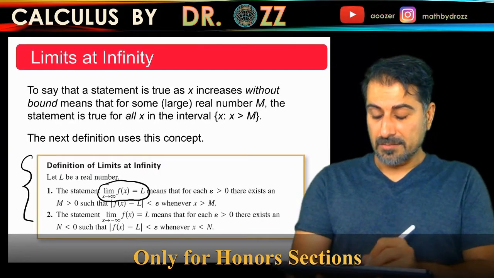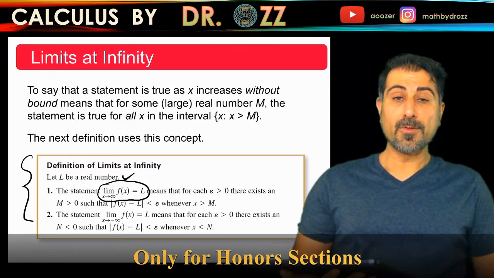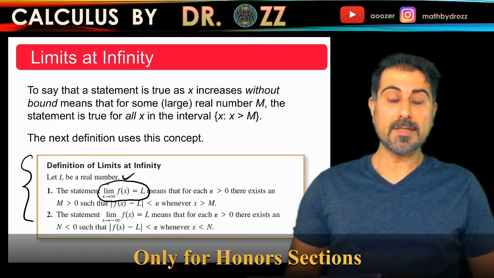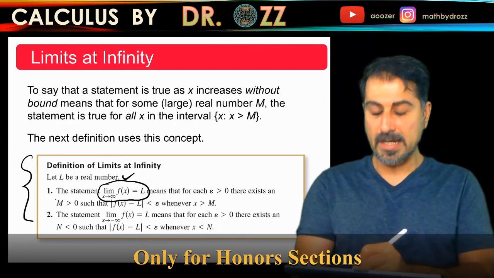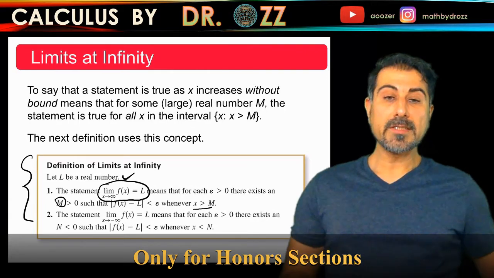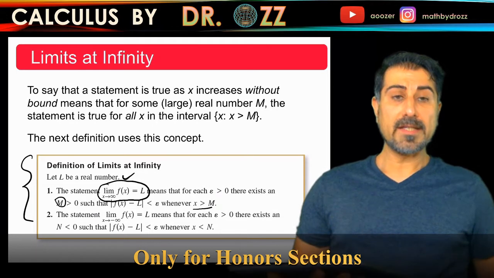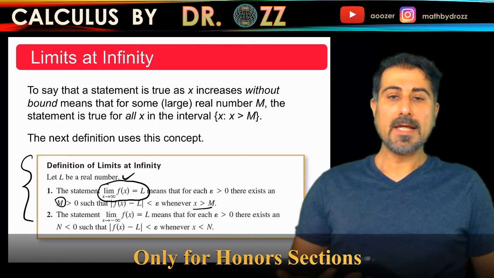If L is a real number, it means that for each epsilon provided to us, there exists a positive number M depending on epsilon, such that whenever x is greater than that number, the absolute value of f of x minus L is kept in the epsilon neighborhood.